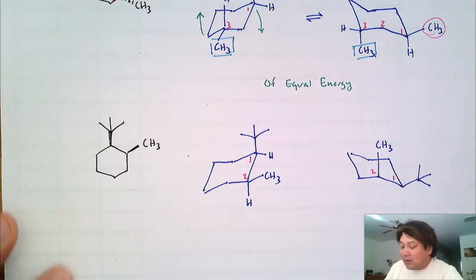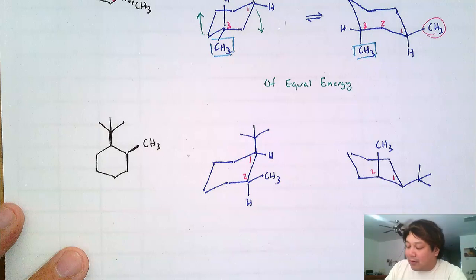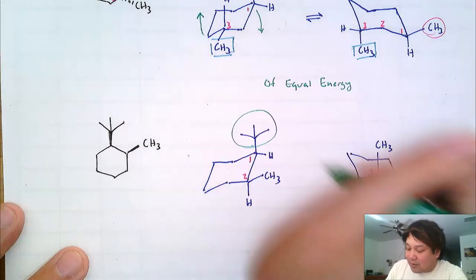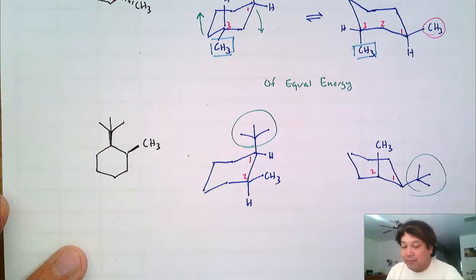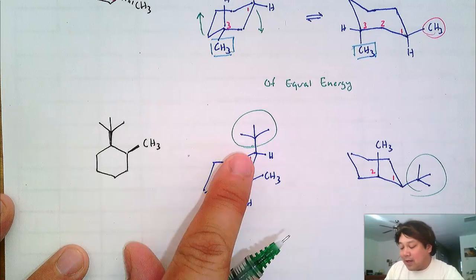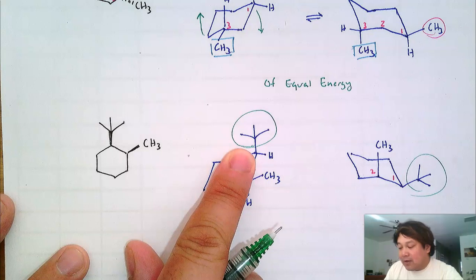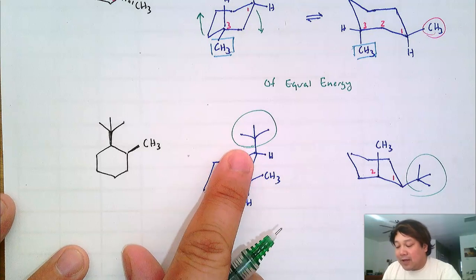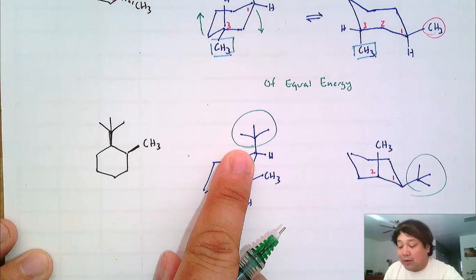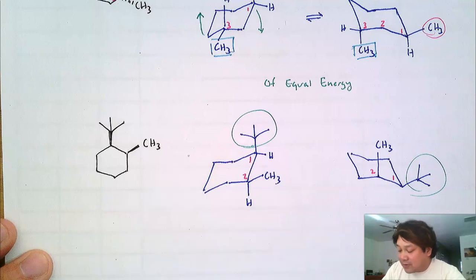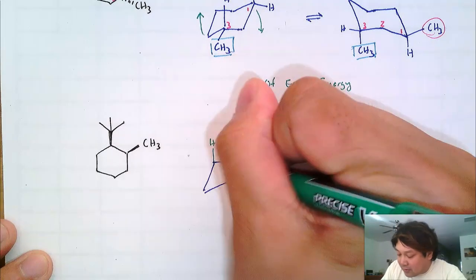But what do you think is a more preferred conformation? Look at that group versus that group. The bigger group is axial here, and it's going to have very severe diaxial strain, 1,3 diaxial strain with which hydrogens? These hydrogens here.